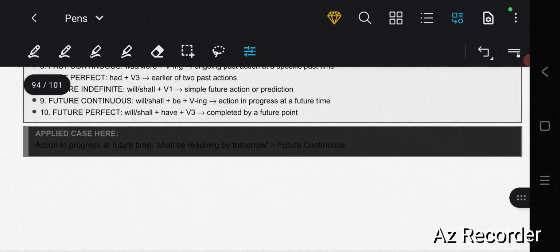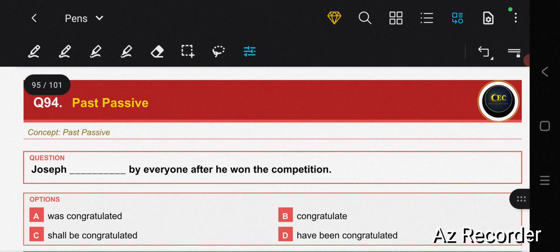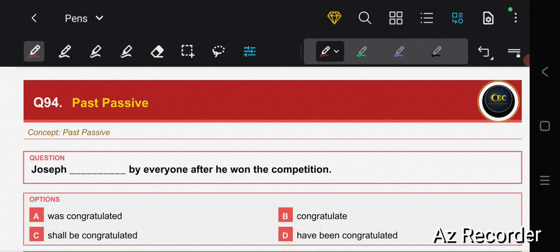Now the next question we see over here, 94. "Joseph, a past passive." We have to find out the past passive of the verb. "Joseph everyone after he won the competition." So after he won the competition, this is another part of the sentence.